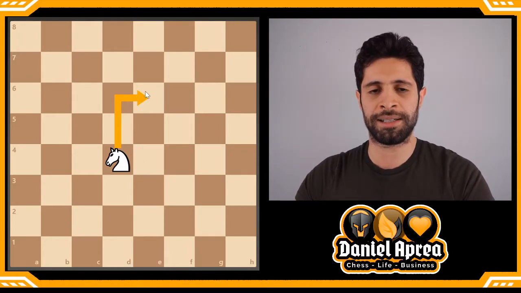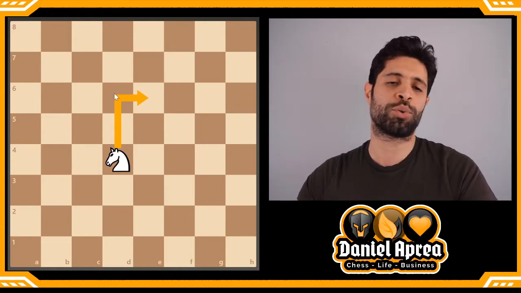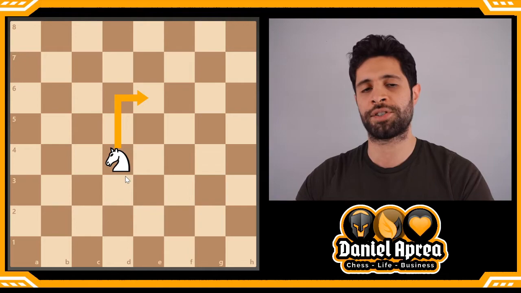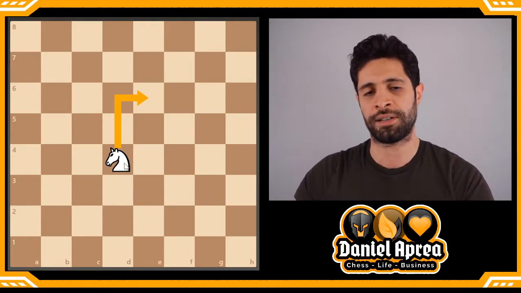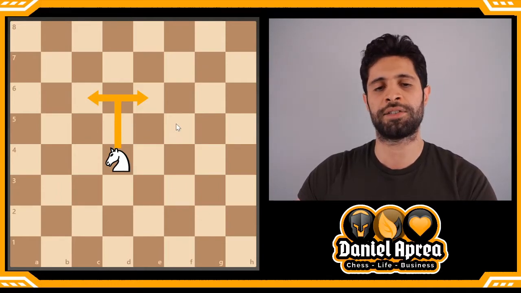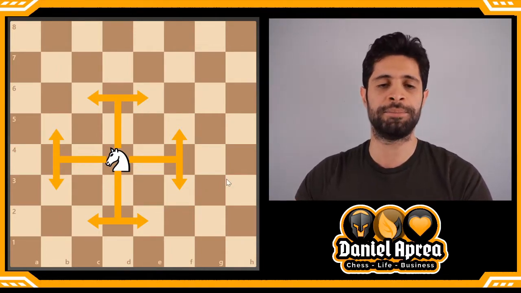It's going to be an L shape, and it's always going to be 2 squares plus 1 square. So 2 squares toward one direction and then 1 square toward another direction. Just visually, these are all the squares that the knight can go to.